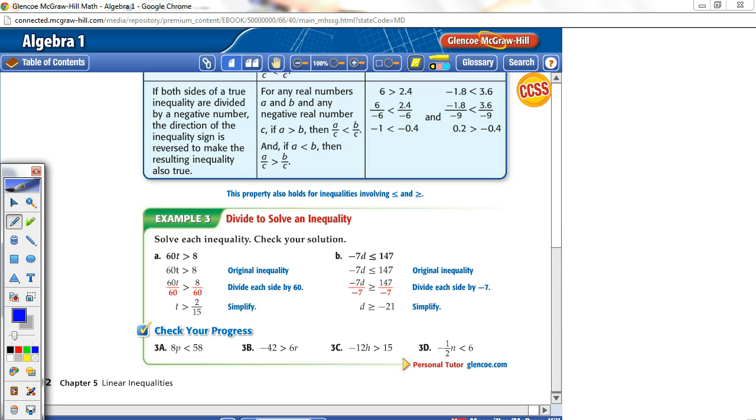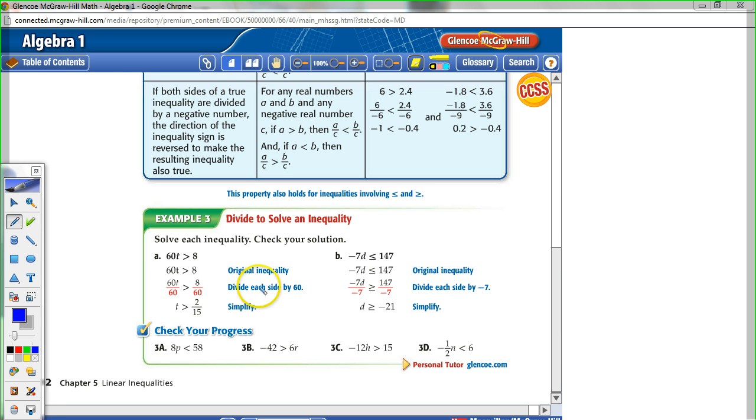Let's try one with a negative number. Okay, so let's try number 3. Negative 12h is greater than 15. And you're going to divide by the negative 12 there.